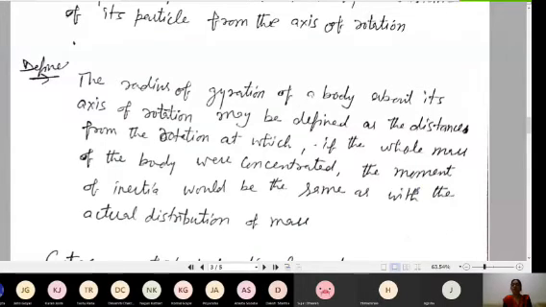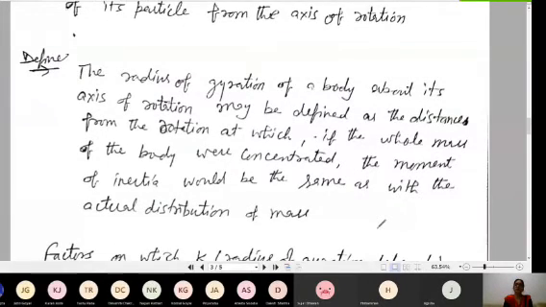From this definition only, we have got the expression for k in terms of the root mean square distance. So both definitions for the radius of gyration should be clear. And because it is a perpendicular distance, it is a distance only, so units and dimensions you can also write.